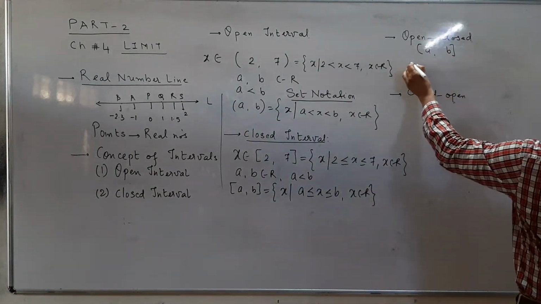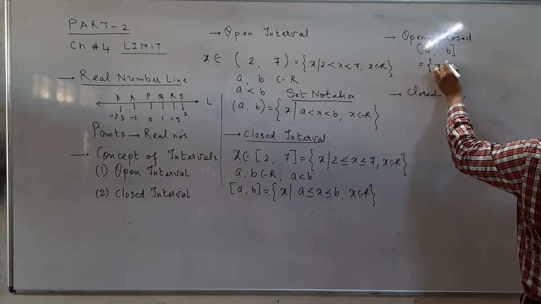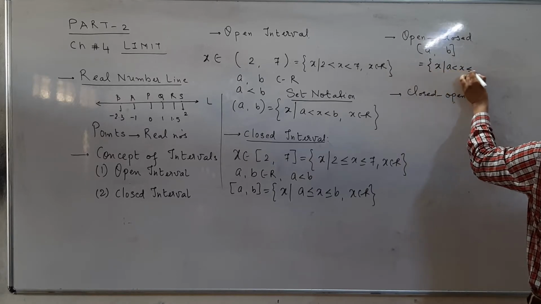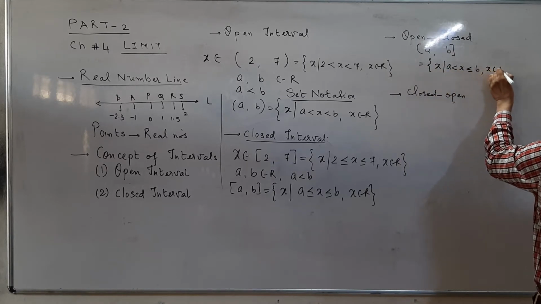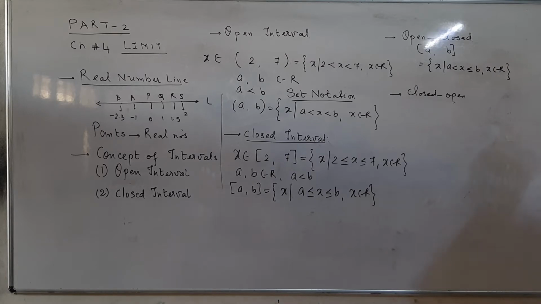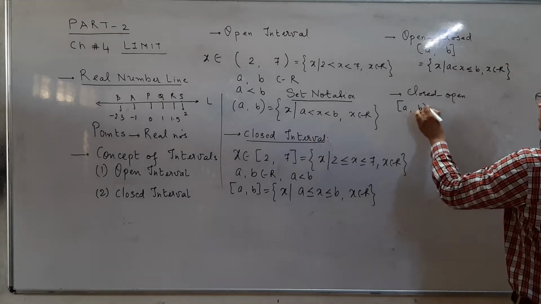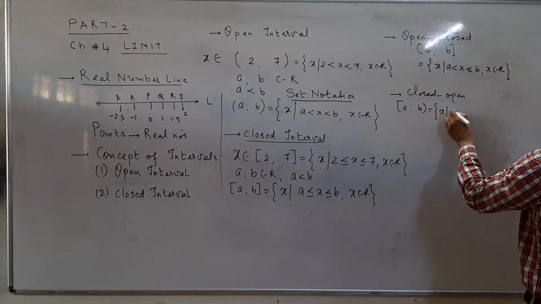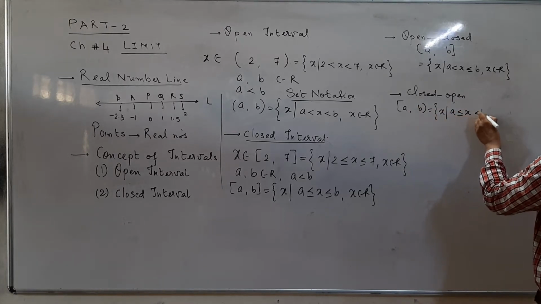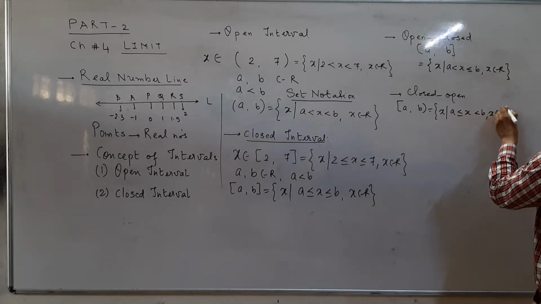And the set notation is x such that A < x ≤ B, and x belongs to R. Then closed A, open B is x such that A ≤ x < B, x belongs to R.